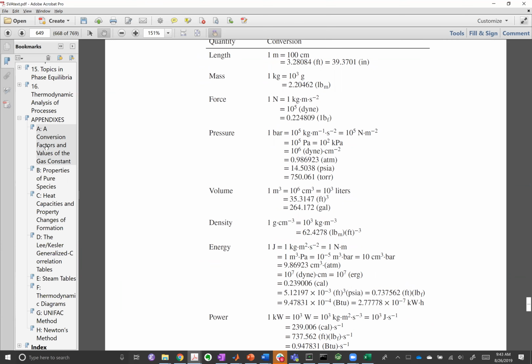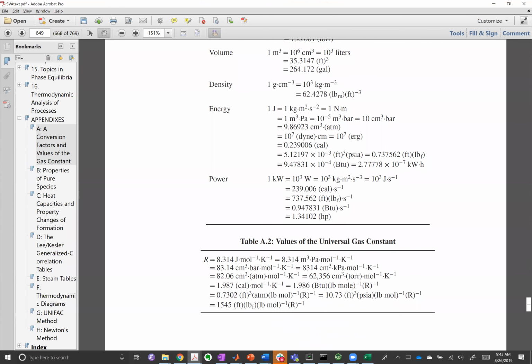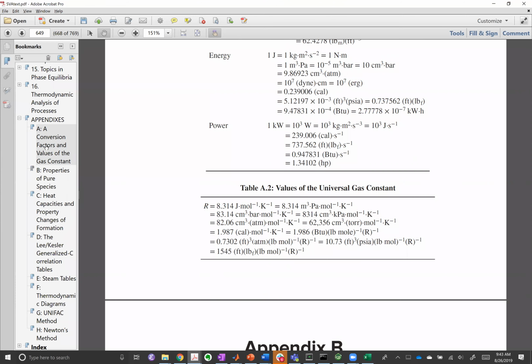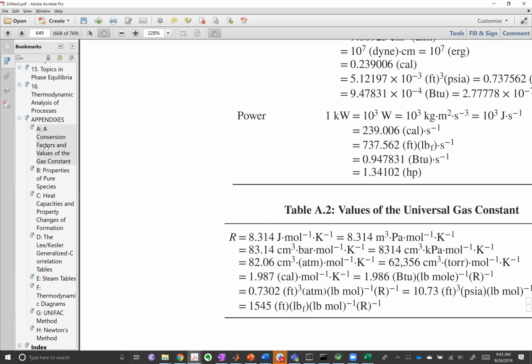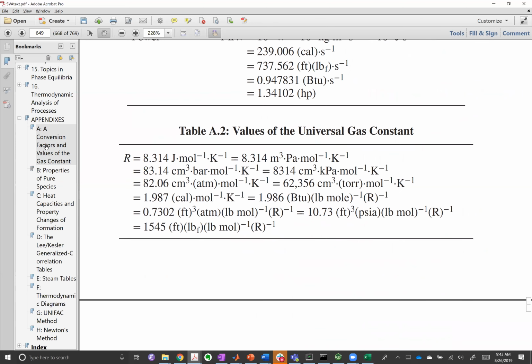Kilowatts would be great, but you don't buy a car, at least in the U.S., based on how many kilowatts it's able to produce. The ideal gas constant is a super important number, even if you're not using the ideal gas law. And so that exists in all sorts of different forms as well. You'll get super familiar with a few of them other than our good old 8.314.